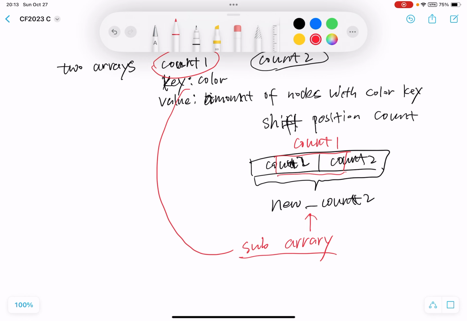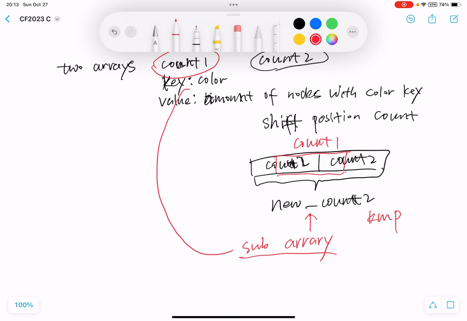Okay. This is where we can use the KMP algorithm to solve this problem. I will not provide more detail about KMP algorithm in this video.